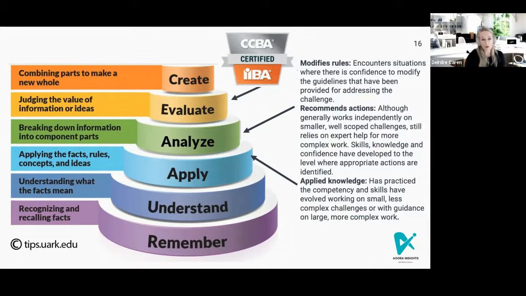So when they call modify the rules, if your BABOK says, first we verify our requirements and then we validate the requirements, it might ask you a question that asks you to modify that slightly. But you will see that is already reasonably structured in your BABOK guide, how there are multiple what we call inputs and outputs that will help you make that decision. You would recommend actions.